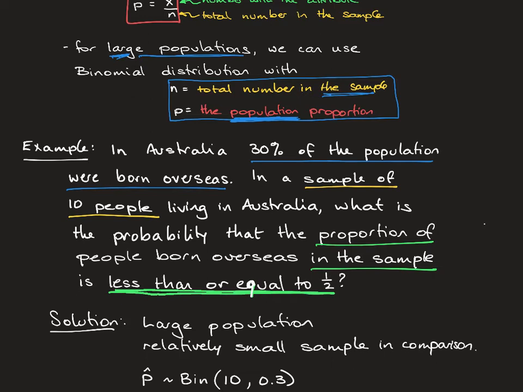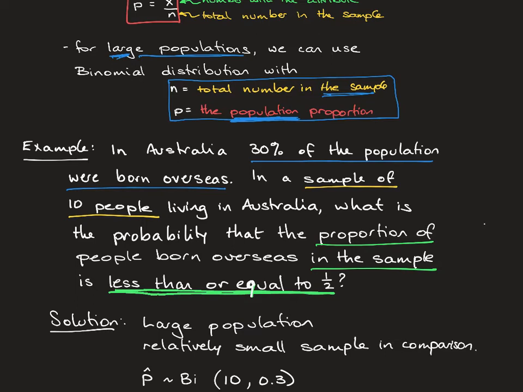And so our distribution, we can use a binomial distribution, and you guys are probably used to seeing it written as BI instead of BIN. Either is okay. So our sample proportion is distributed binomially.